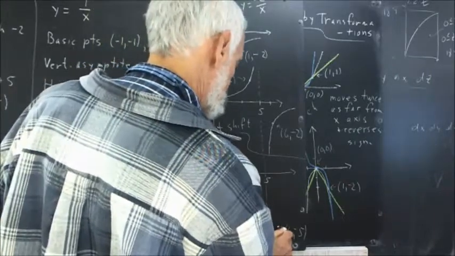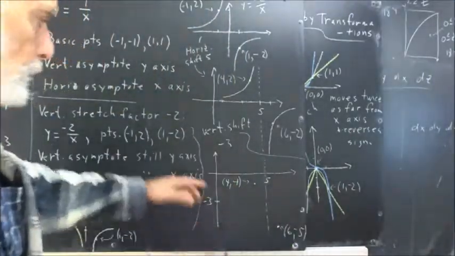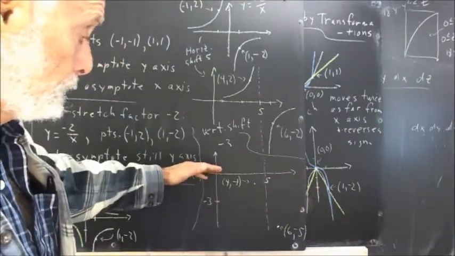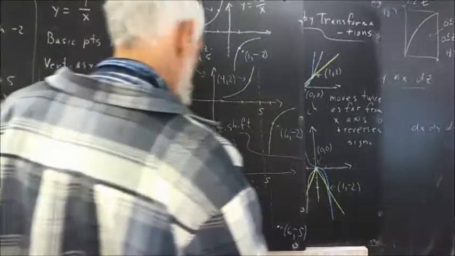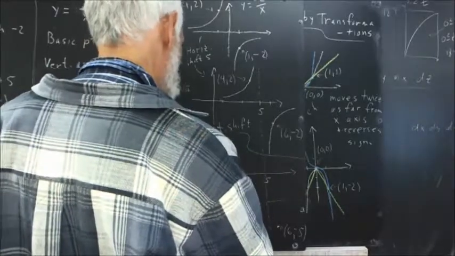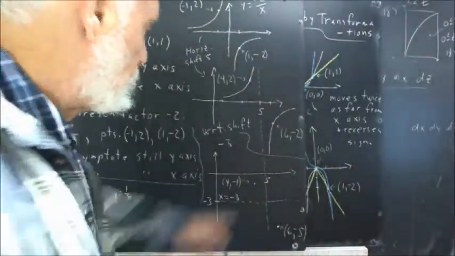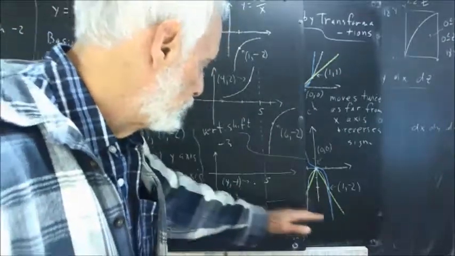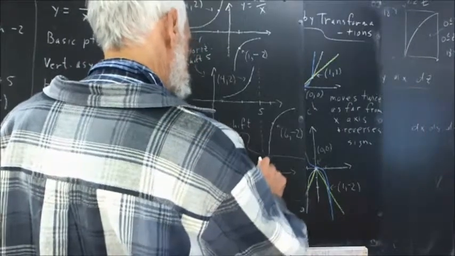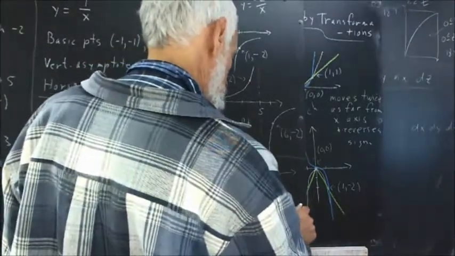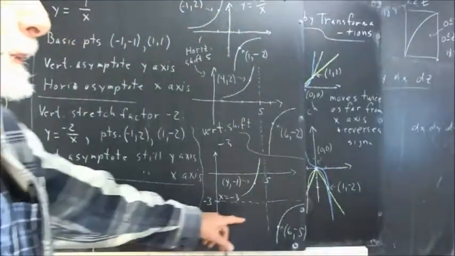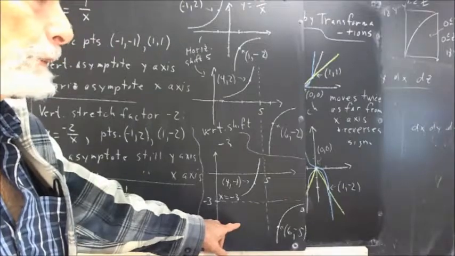We'll have these points. Our horizontal asymptote was the x-axis, but now we're going to lower that by 3 units, and the horizontal asymptote is going to become the line y equals -3. So we have the vertical asymptote, we have the horizontal asymptote. We can sketch our graph. Something very much like this. And that's going to be our new graph.